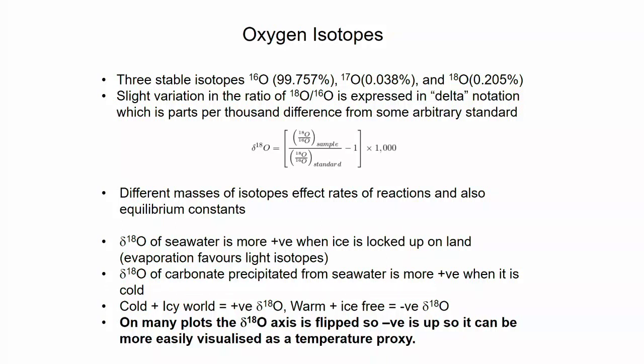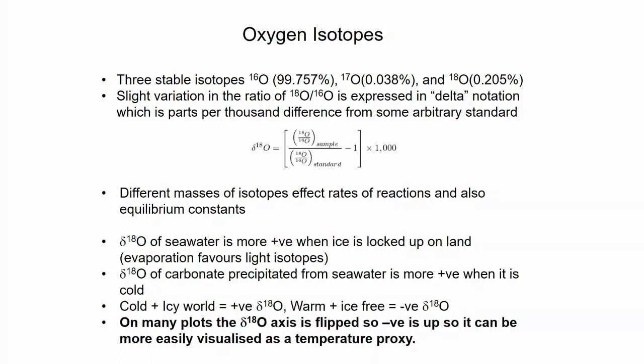So we use this delta notation. You'll notice that it's basically the ratio of ratios of things we can't measure absolutely, but we can measure them relative to each other. But the differences are really small, so we multiply this number by 1,000 to make the numbers easier to deal with.